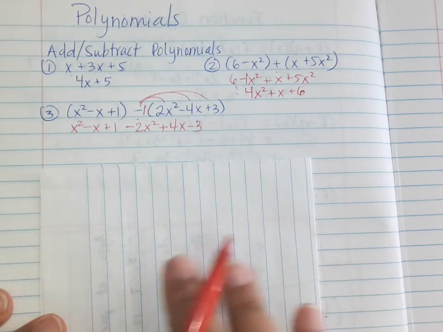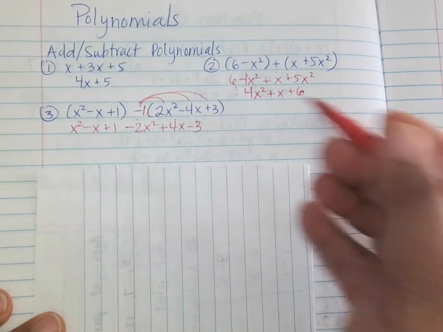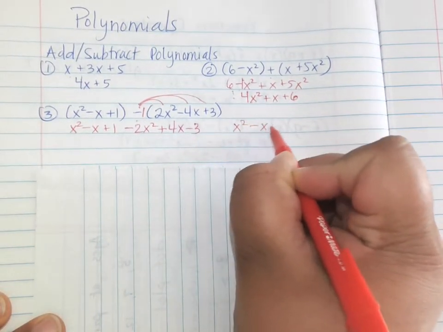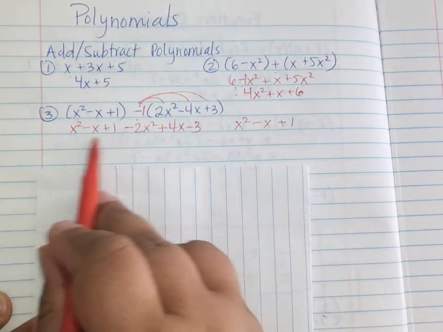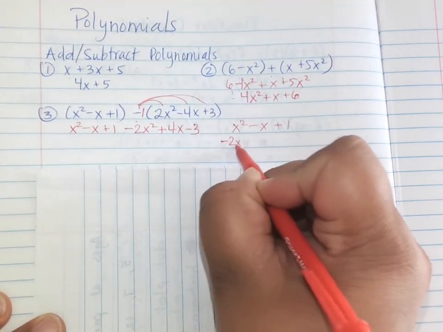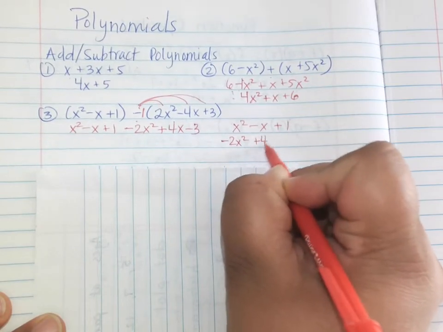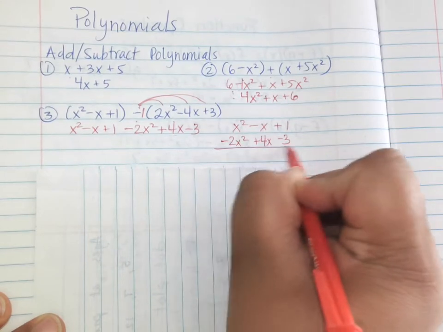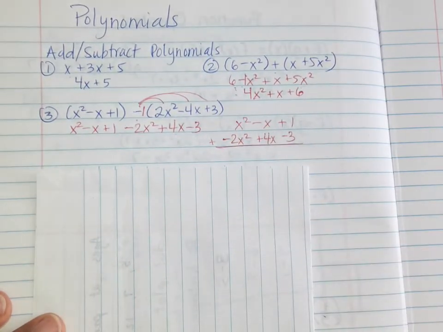So I'm going to line these up because there are a lot of terms, so you could do it this way. So I have an x squared minus x plus 1. These are just my first ones. I'm going to line that up with the other x squared. This one with the x because it's positive, and then this one over here. So this one actually lined up pretty nicely.